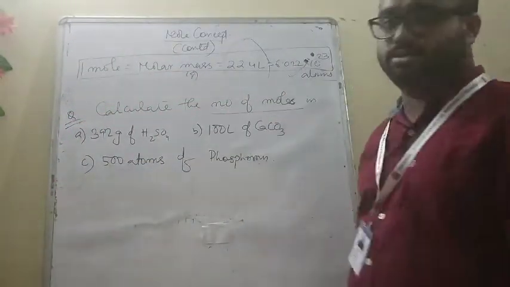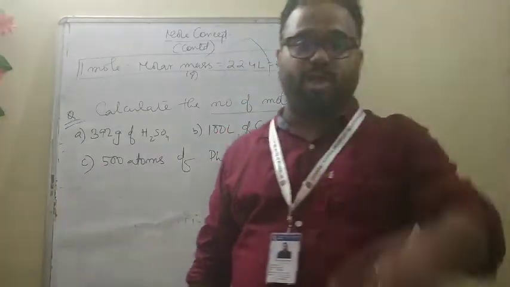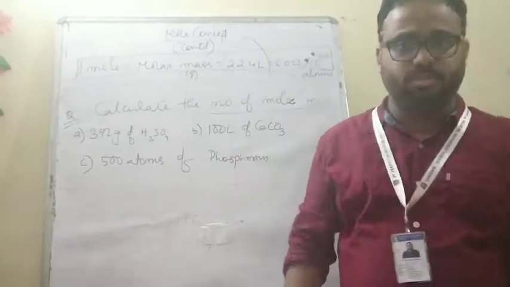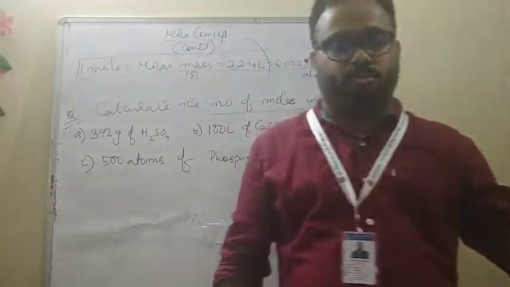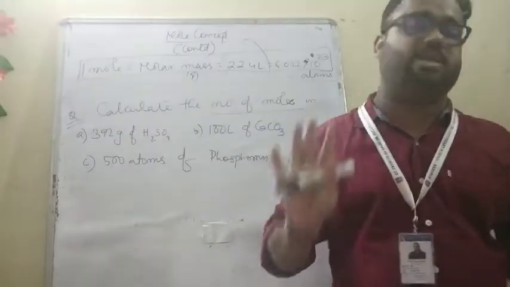Number of moles. How many formulas you have of number of moles? Tell me. You have 3 formulas. Given mass by molar mass, given volume by 22.4, and given number of atoms divided by Avogadro's number.